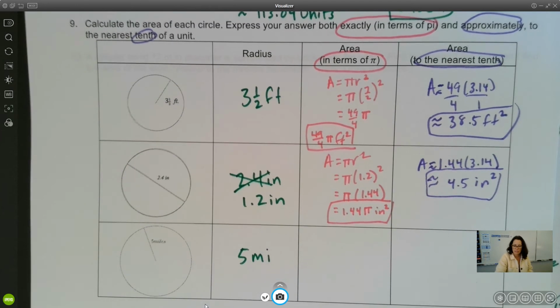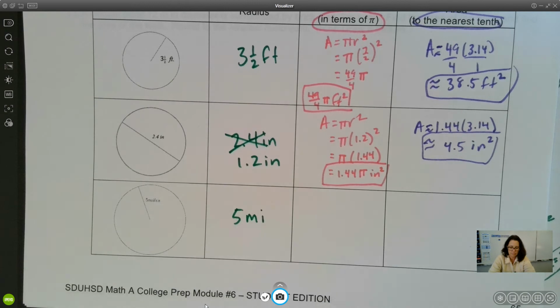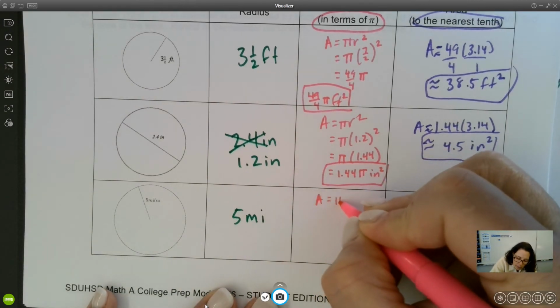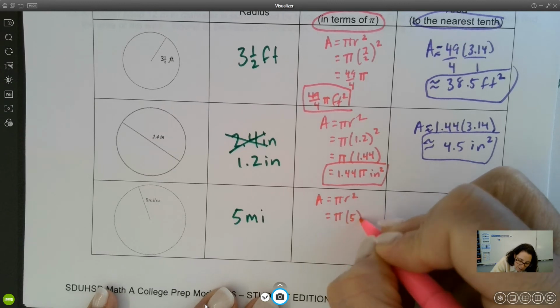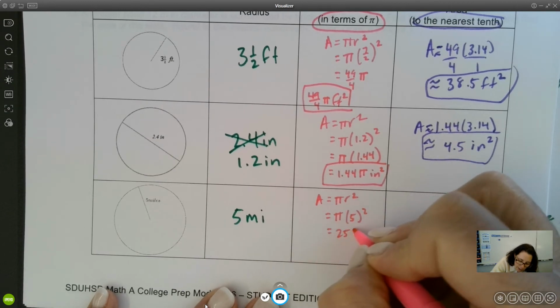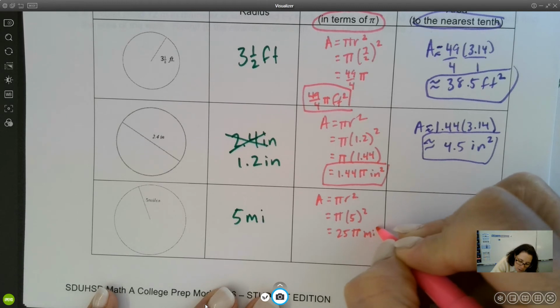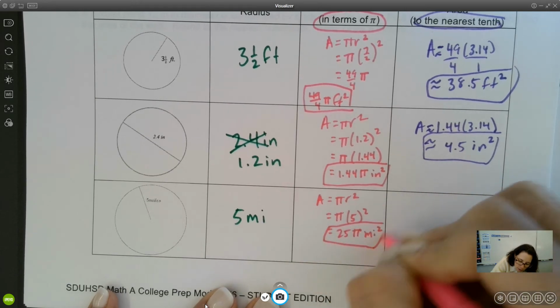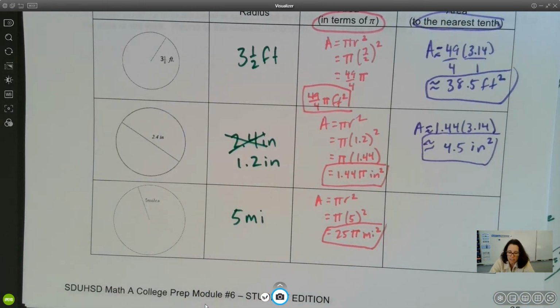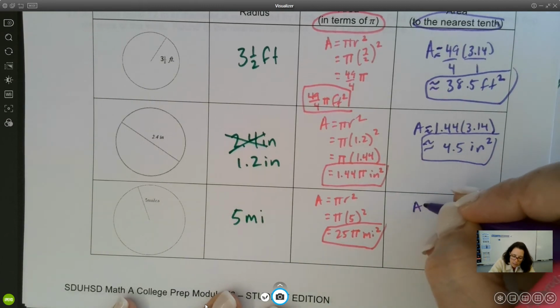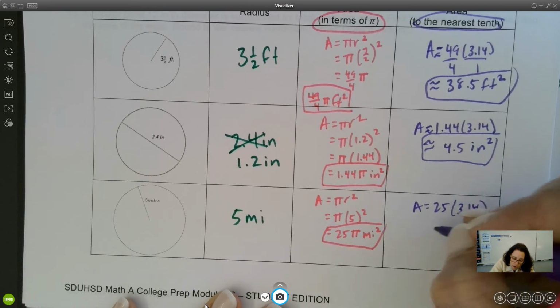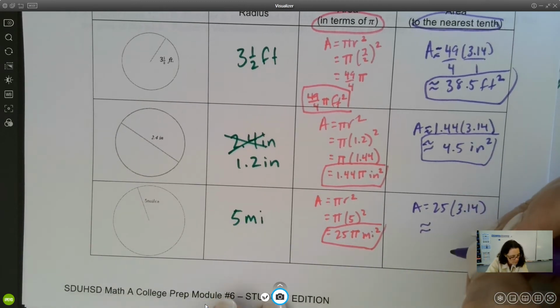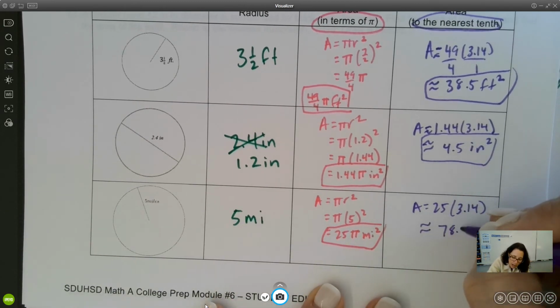Okay, all right. A equals pi r squared, pi 5 squared, 25 pi miles squared. That's your exact value. This would be 25 times 3.14, and that gets us 78.5 miles squared.